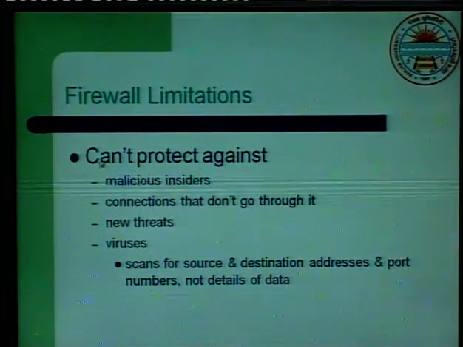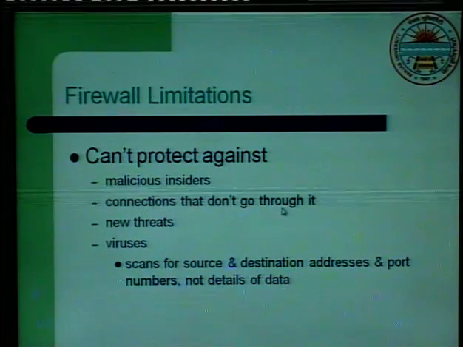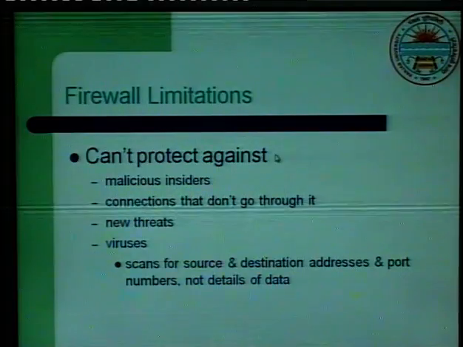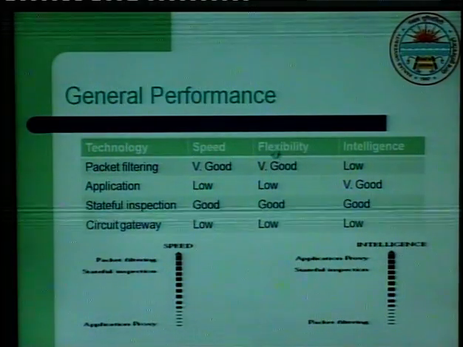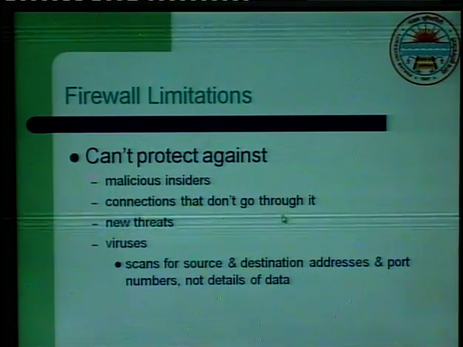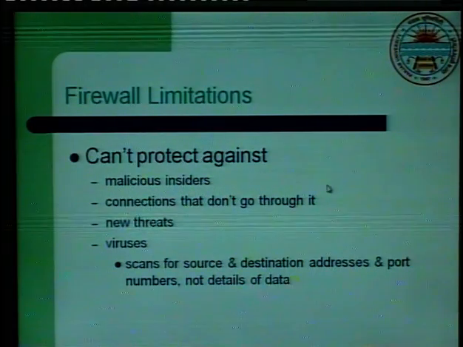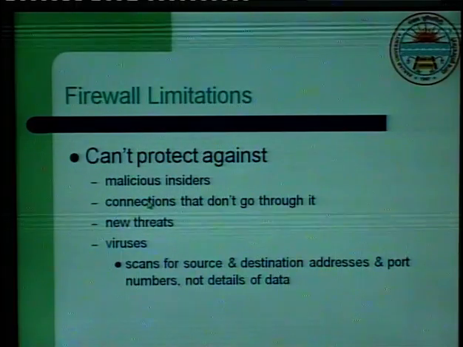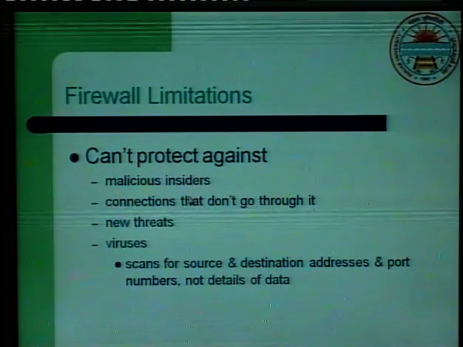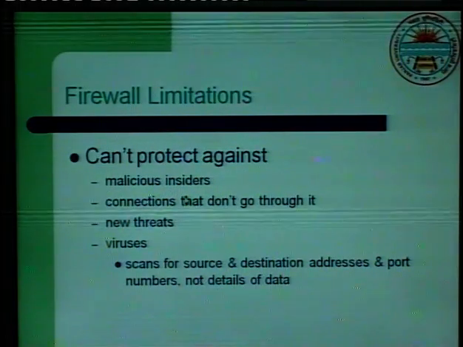So, this was all about what a firewall can do. It can protect you from various types of attacks, but what a firewall cannot do is protect against malicious insiders, because it protects the network from external outside intruders.